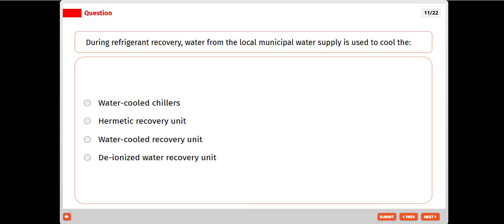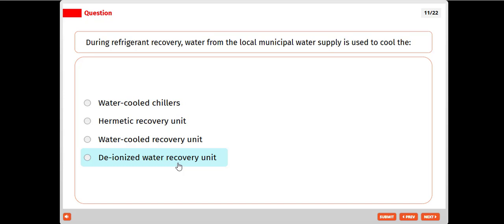During refrigerant recovery, water from the local municipal water supply is used to cool the water-cooled chillers, hermetic recovery unit, water-cooled recovery unit, deionized water recovery unit. I don't remember this one.